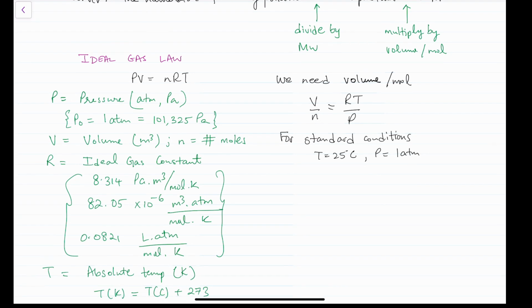So for these standard conditions, then here the T would be 273 plus 25, which is 298 Kelvin.